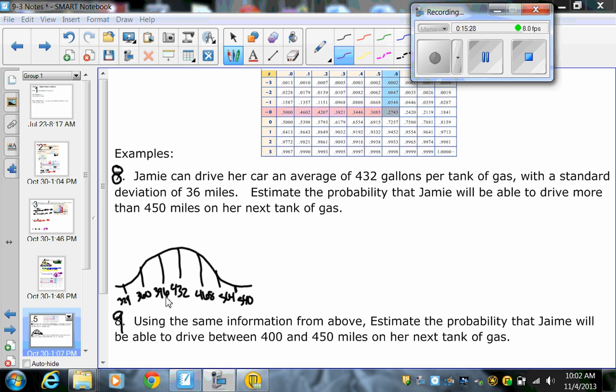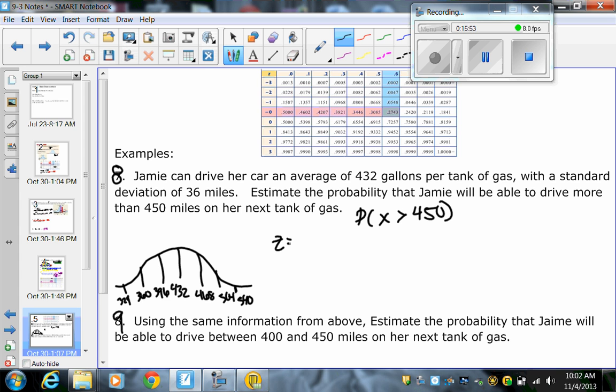Going to the left, if you subtract 36 from 432, you get 396. Subtract 36, you get 360. Subtract 36, you get 324. So if you notice, it says, what's the probability that Jamie will be able to drive more than 450? 450 is not on this curve, which tells me I need to create a z-score.